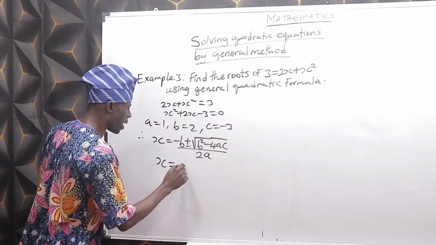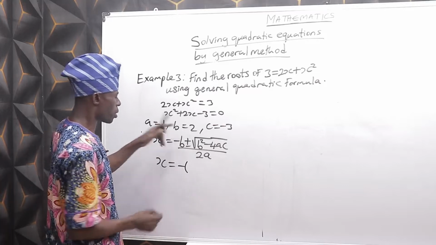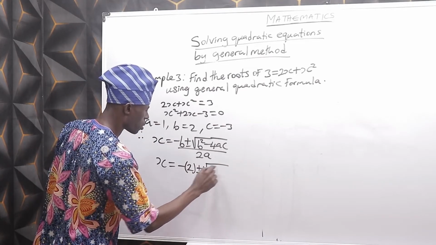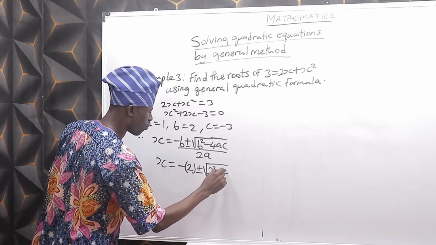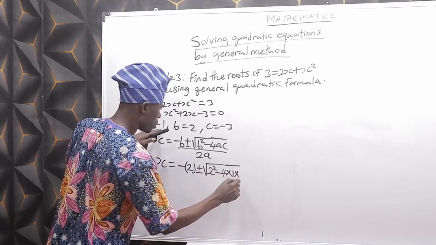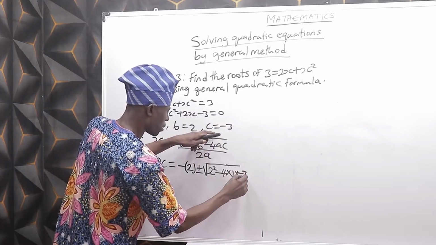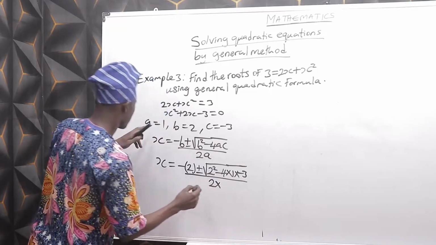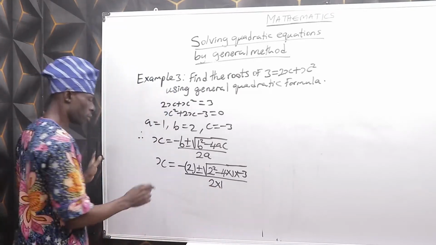Substituting the values, minus, what is our b? 2. Plus or minus square root of 2 squared minus 4 times, our a is 1, our c is minus 3, all over 2 times a, the 1.